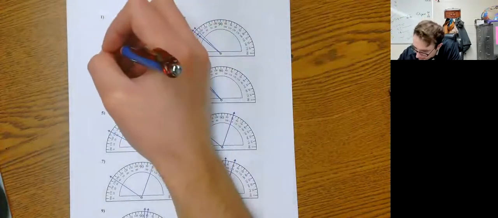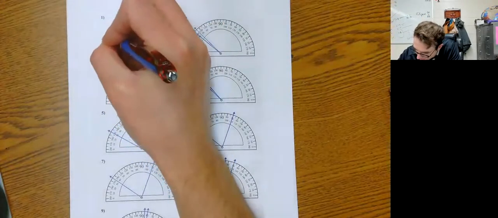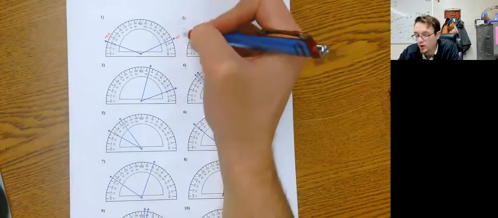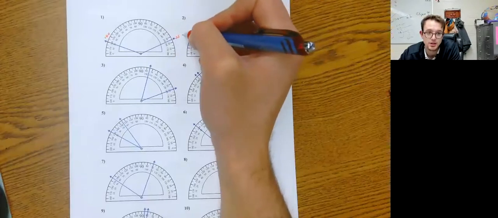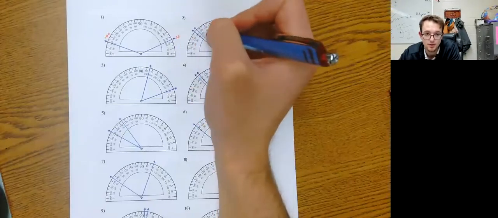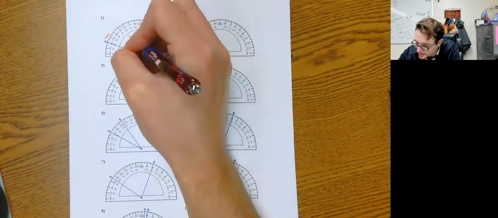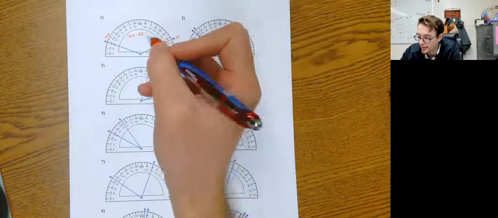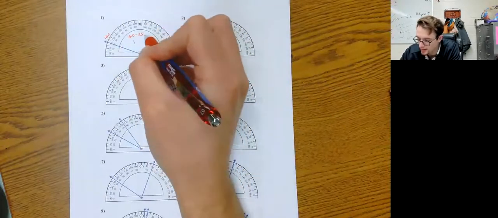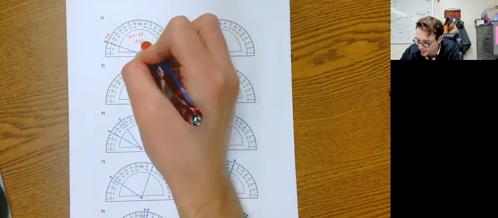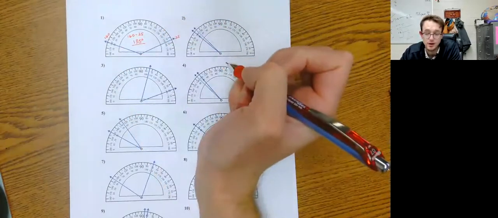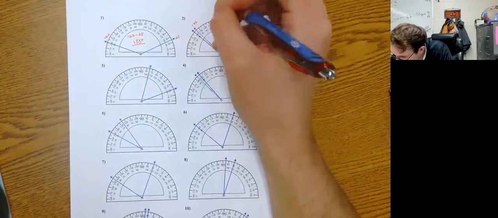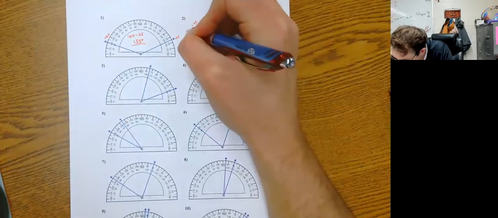This right here is at 160, and this right here is at 25. Well, what is the difference between 160 and 25? What is 160 minus 25 degrees? That would be 135 degrees.